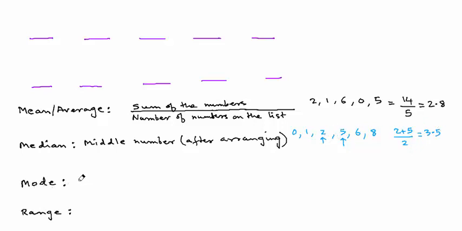The mode of a set of numbers is the number that appears the maximum number of times on that list.